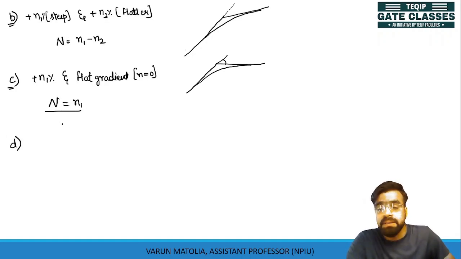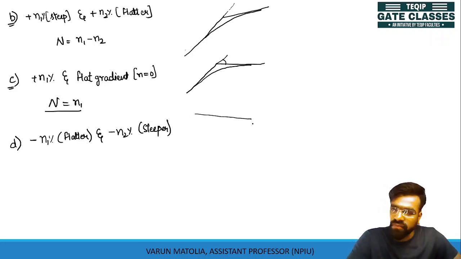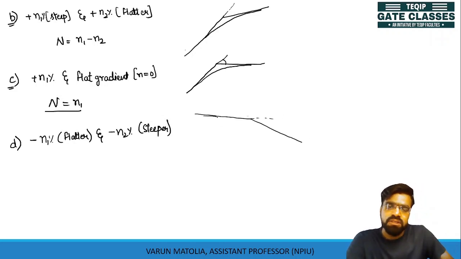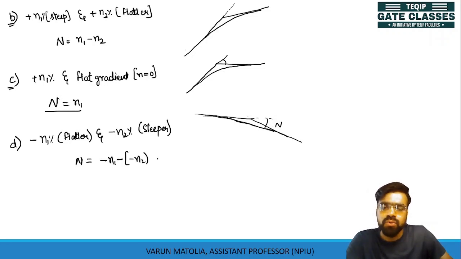If we find a falling gradient comparatively flatter meeting with another falling gradient which is comparatively steeper, this combination gives us a slope which is convex upward, and the deflection angle n can be represented as minus n1 minus n2, simplified as n2 minus n1.